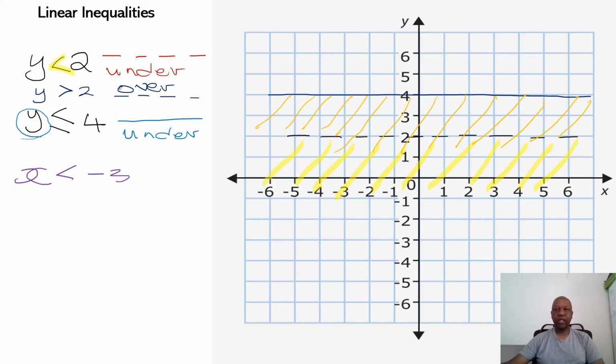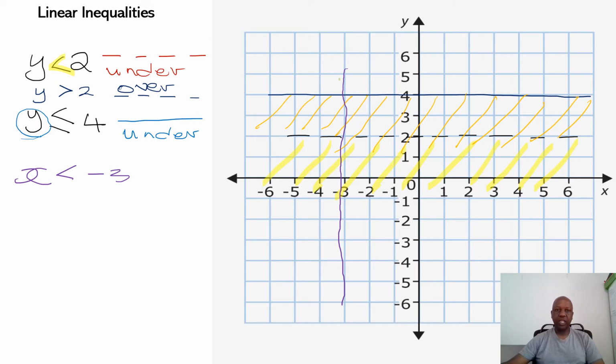So the negative x-axis is the axis to the left-hand side. You take your ruler, you draw a straight line that passes through the point negative 3 on your x-axis, and it will be a vertical line. And less than, it's all the region to the left-hand side.